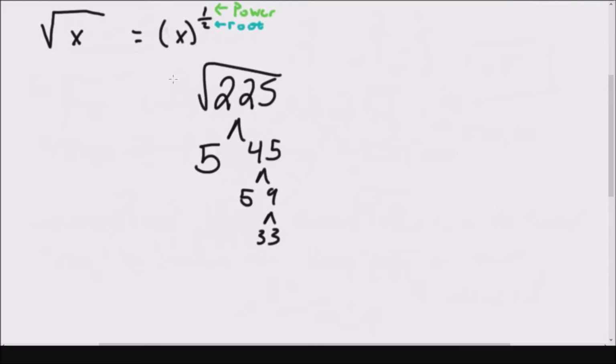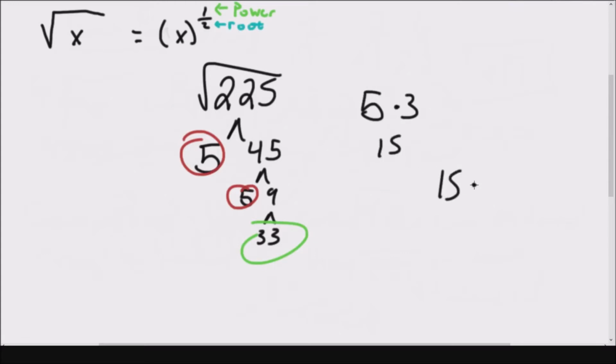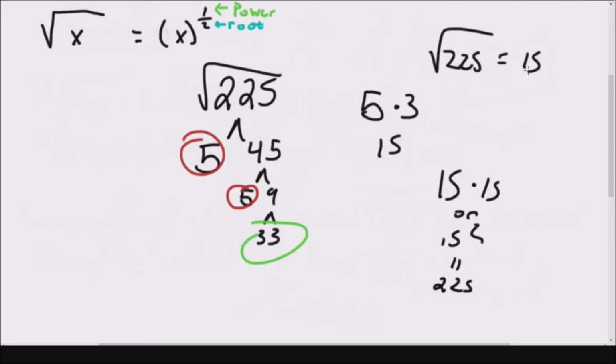We conveniently only have 2 5s and 2 3s. So we know we can bring these over as 5 times 3, which gives us 15. 15 times 15, or 15 squared, is 225. This checks out. So we now know that the square root of 225 is equal to 15.